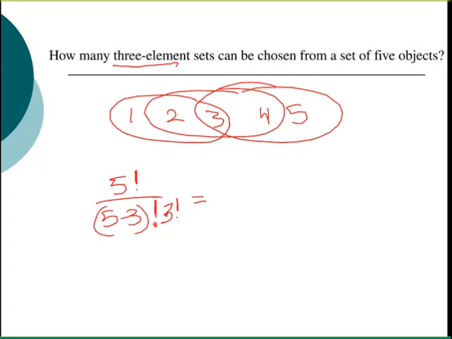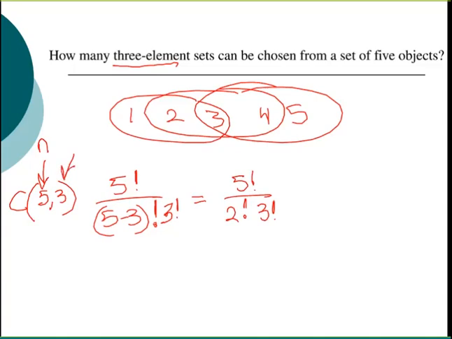And this makes my work become 5 factorial over 2 factorial times 3 factorial. So this is really a combination of 5, 3, where this number is the n, this number is the r.